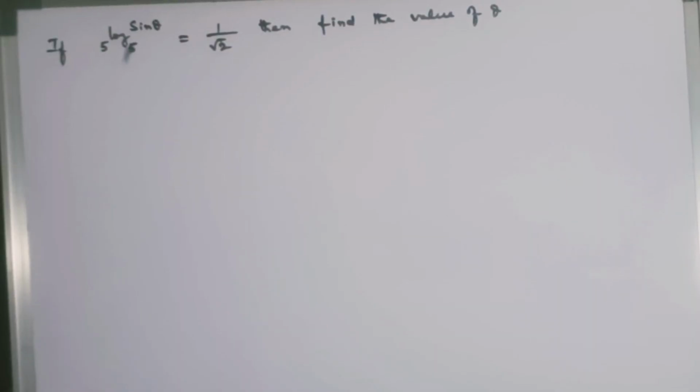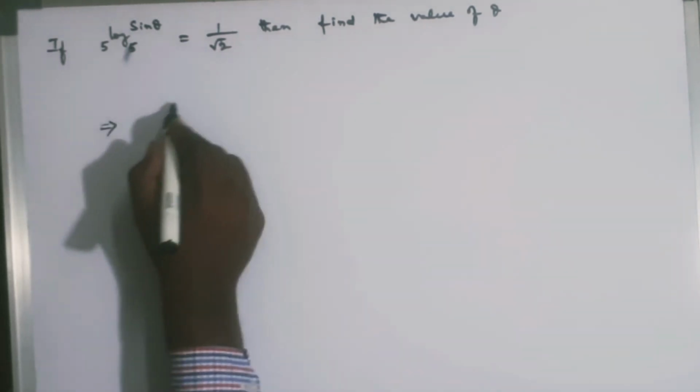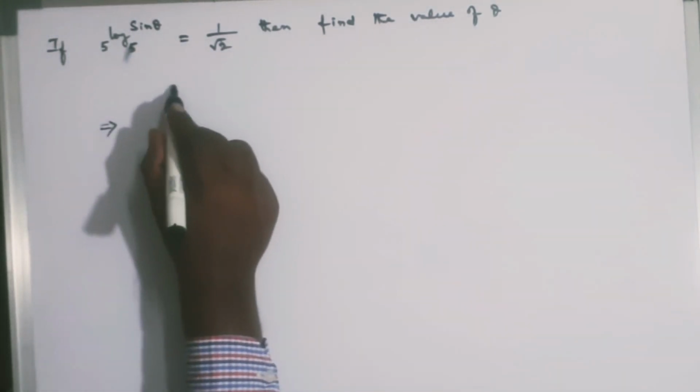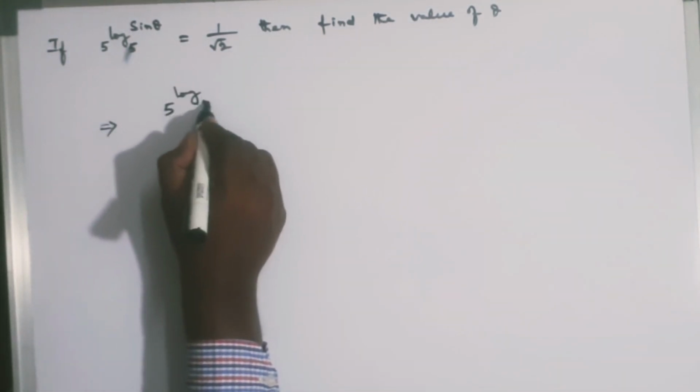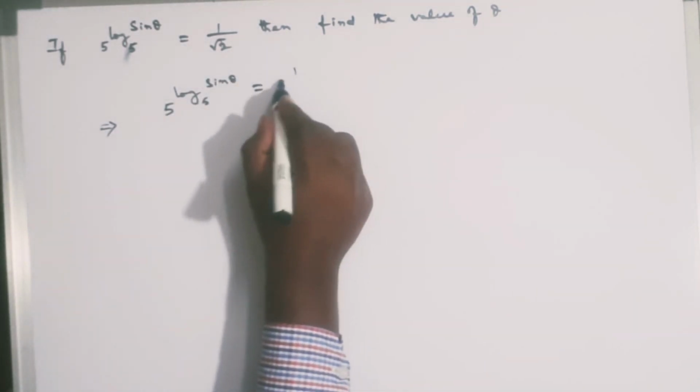If pi to the power of log base pi to sin theta equals 1 by root 2, then find the value of theta. Easiest question. What are you telling? Pi to the power of log base pi to sin theta equals 1 by root 2.